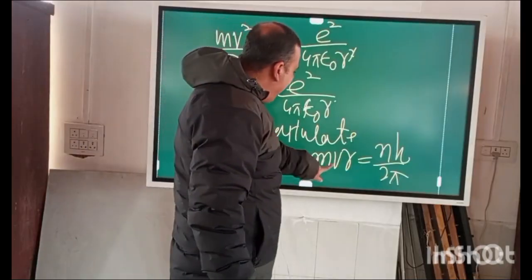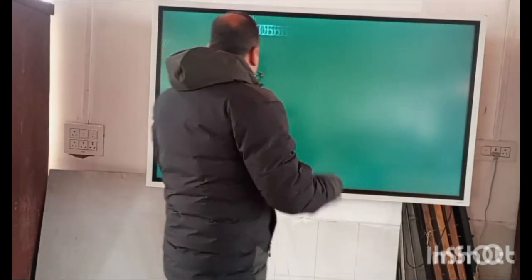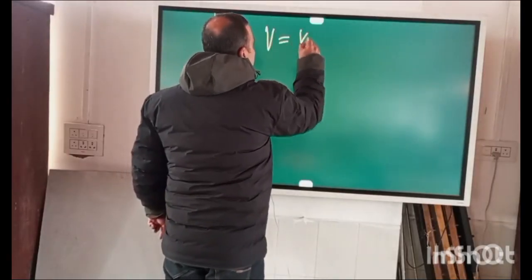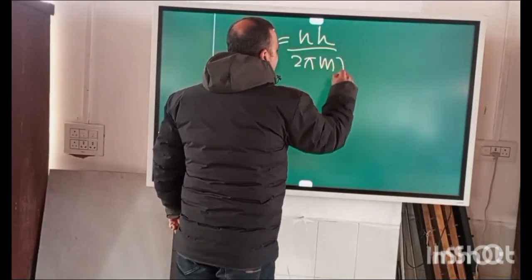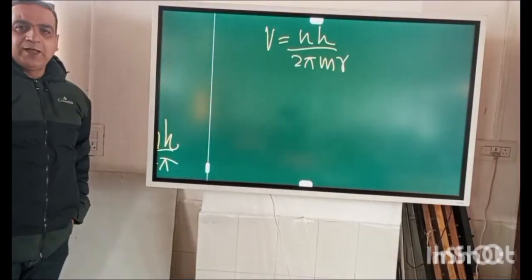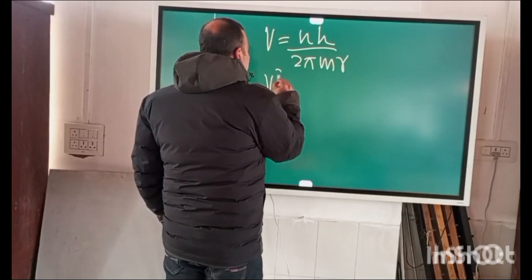So here I can get v. What will v be equal to? v will be n h by 2 pi m r. Right? Is it fine? Now, if I write down v square, what will it give me?